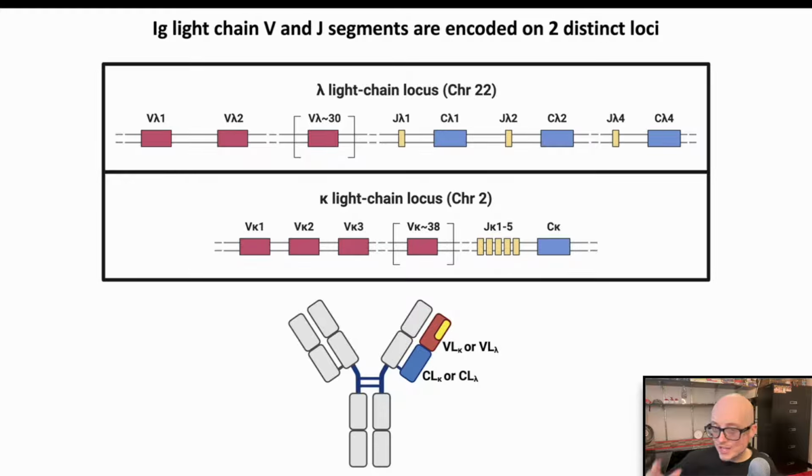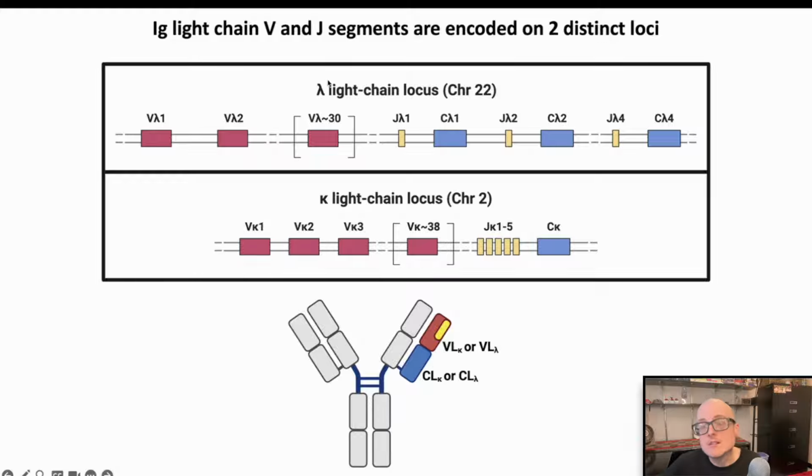As it turns out, there are actually 2 forms of light chain that we encode within our genomes. They are functionally equivalent to each other. There's really no difference in terms of the shapes that they make or the way that they interact with antigen. We basically just have 2 sets of them, and any given immunoglobulin will have a light chain that comes from one set or comes from the other set. And those sets come from distinct chromosomes within the human genome.